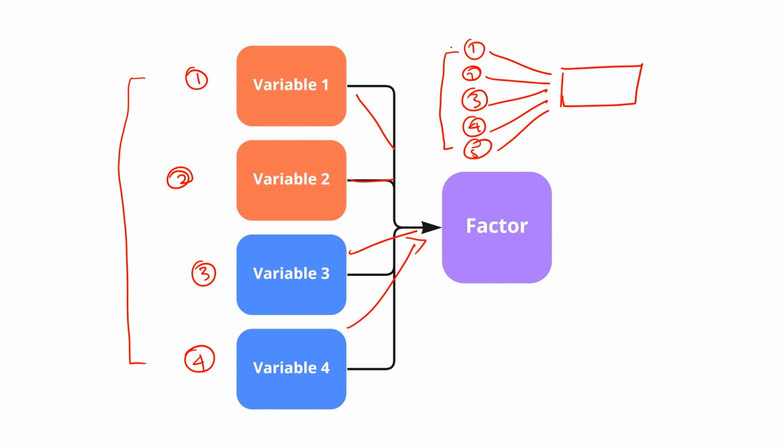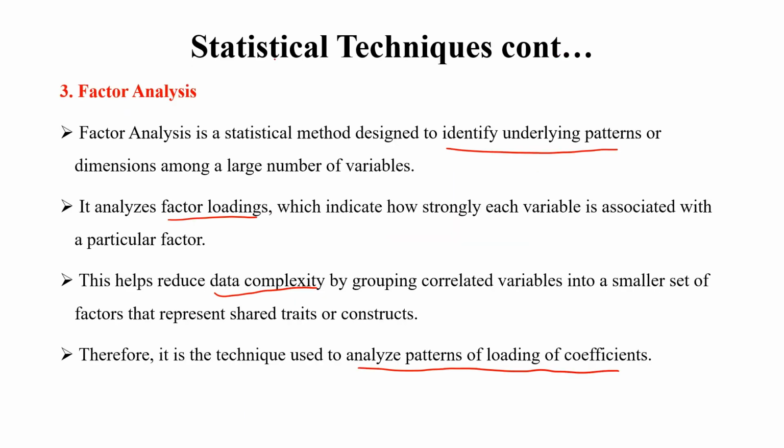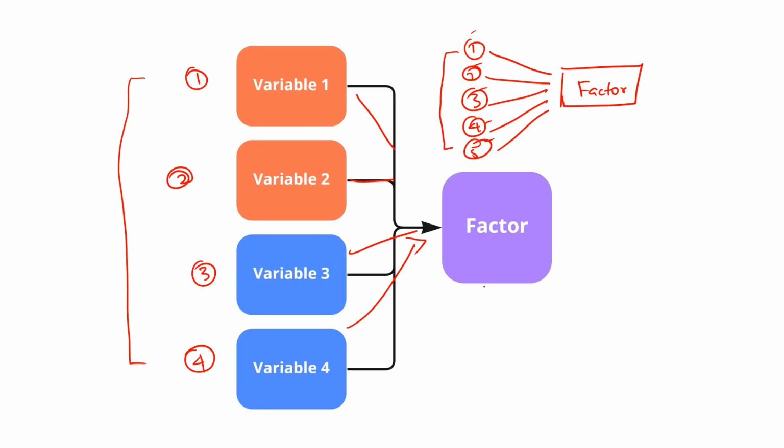So we can say that these many questions are basically analyzing only this factor, for example depression. Here the data reduction happens because we are reducing the number of data points to certain factors. That is the major purpose of factor analysis, to reduce the data complexity by grouping the correlated variables together.